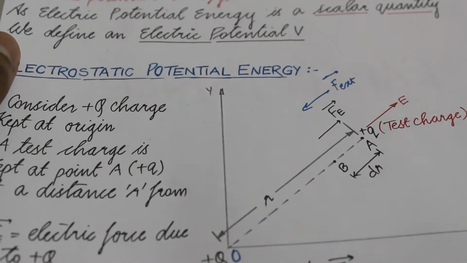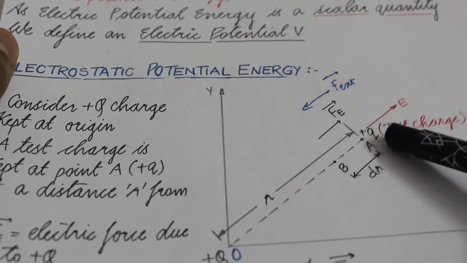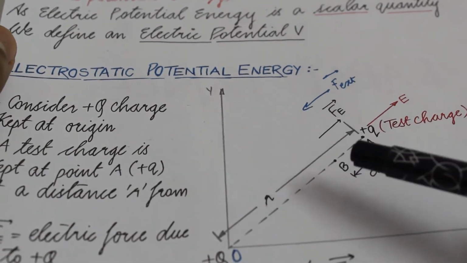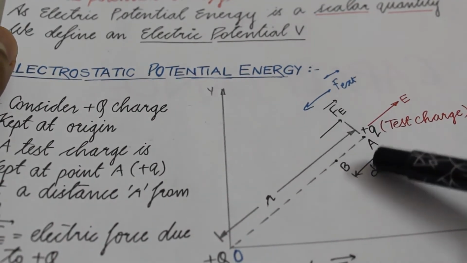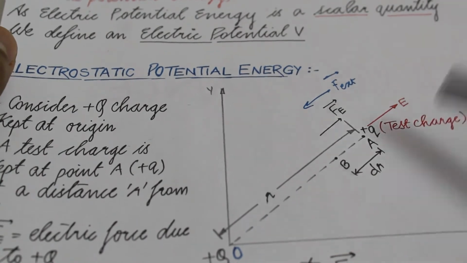Now, how did the body get kinetic energy? As we know, by the principle of conservation of energy, one energy is converted into another. So, we can say that when the body was moved from A to B, it gained some potential energy, which was then converted into kinetic energy.